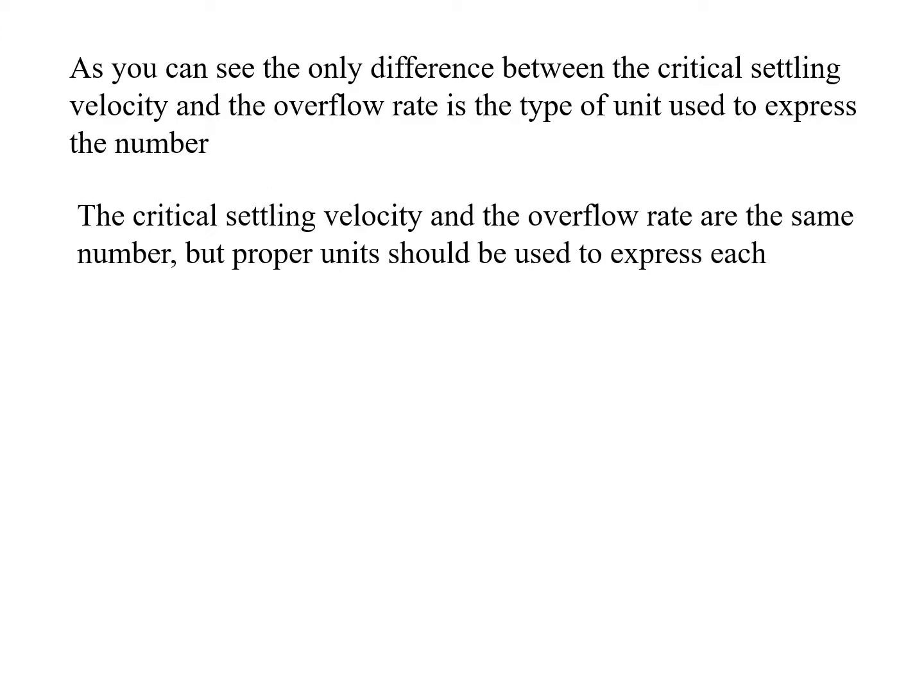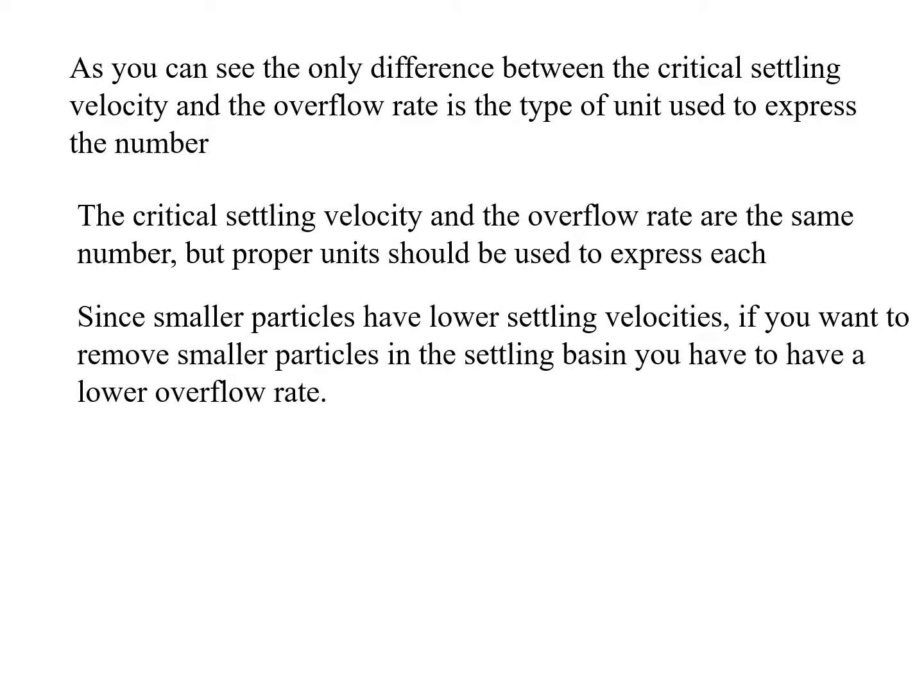As you can see, the only difference between critical settling velocity and overflow rate is the type of unit used to express the number. They are the same number, but proper units should be used to express each.